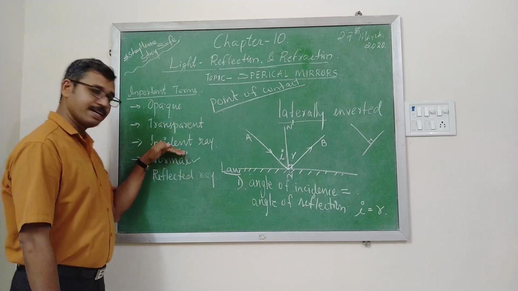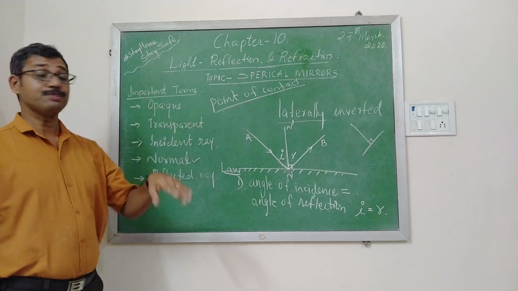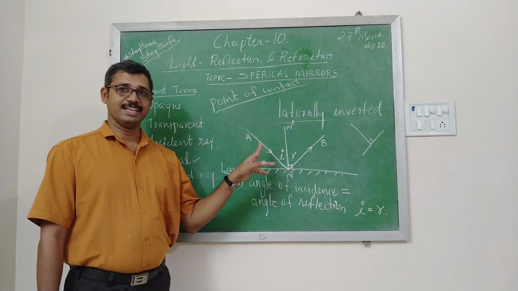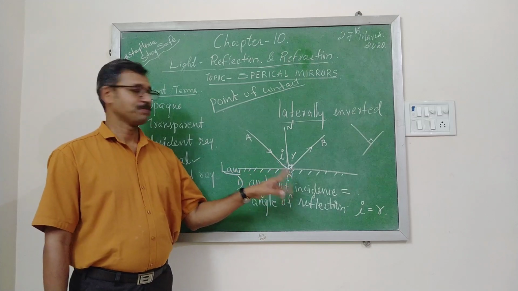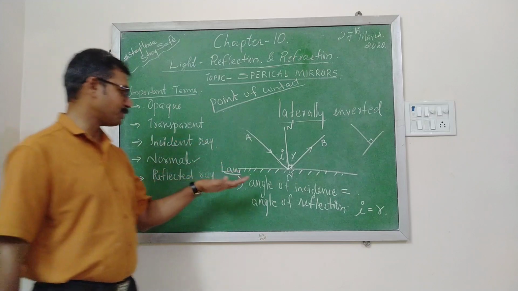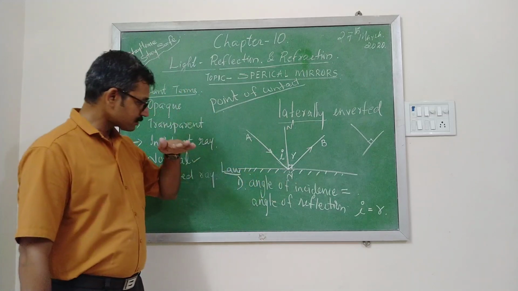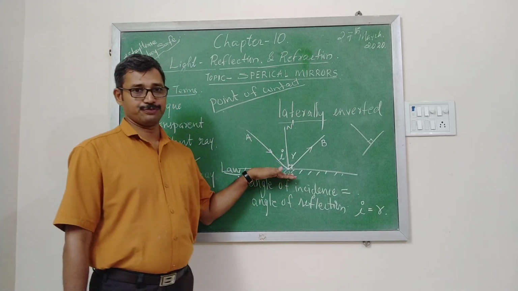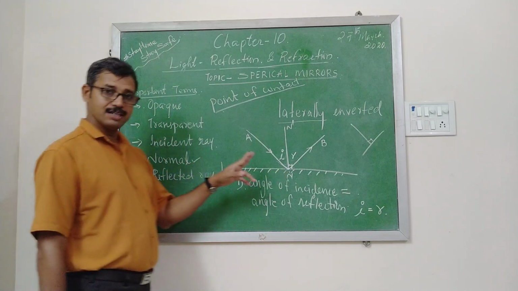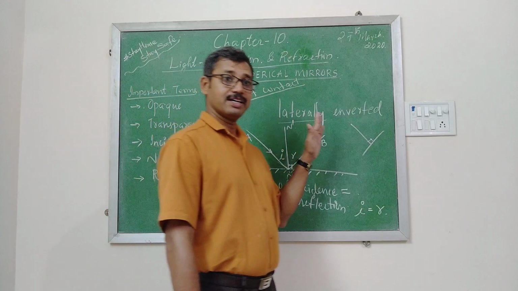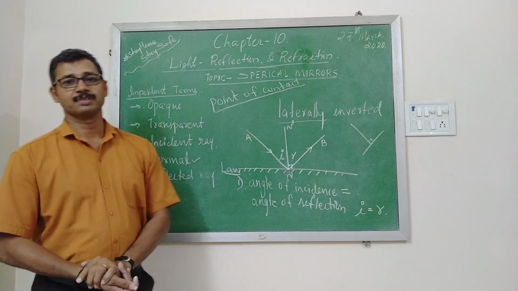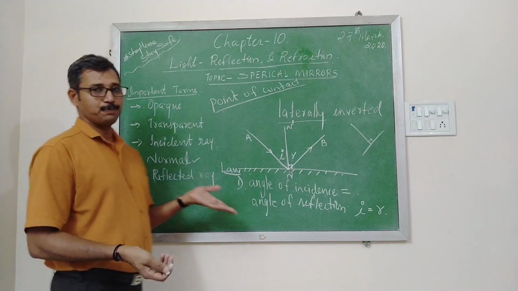And the incident ray, that is the ray which falls on a surface, is called the incident ray. And the other is normal. Normal is the perpendicular drawn at the point of contact, and the reflected ray is the ray reflected from the point of contact. So I hope you understand.